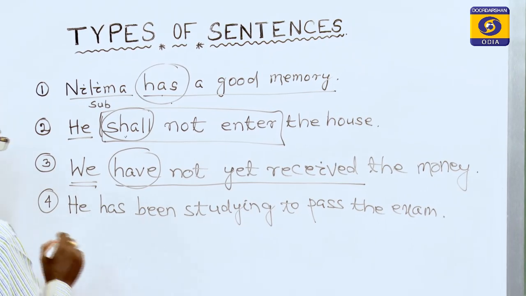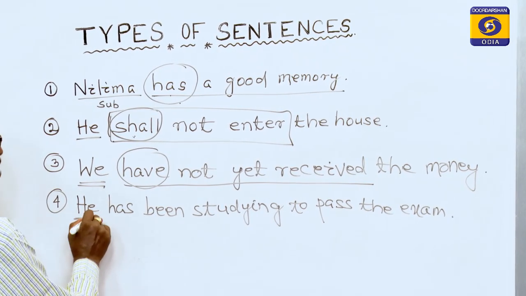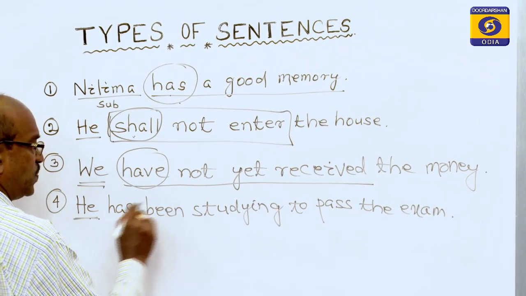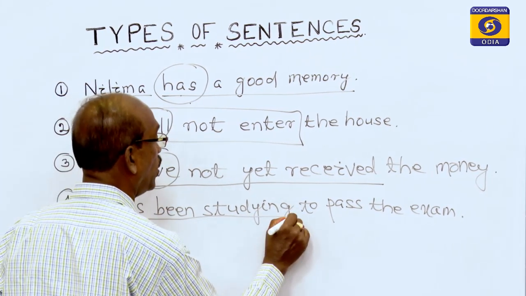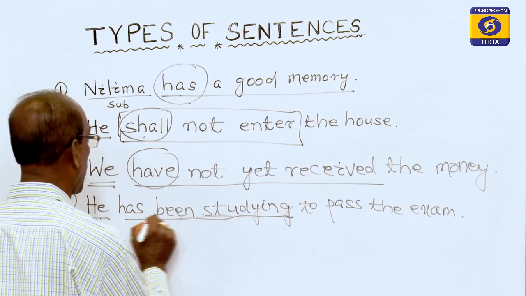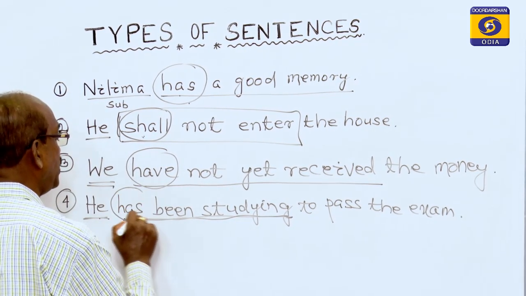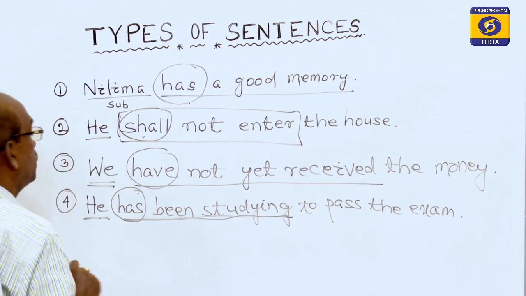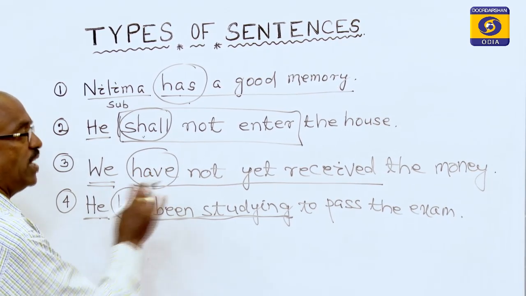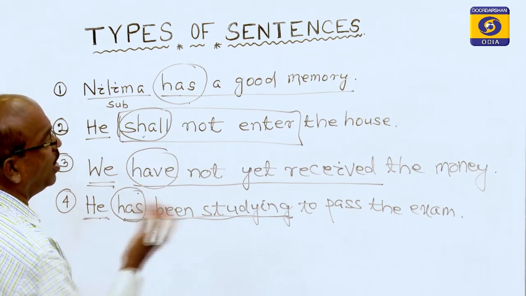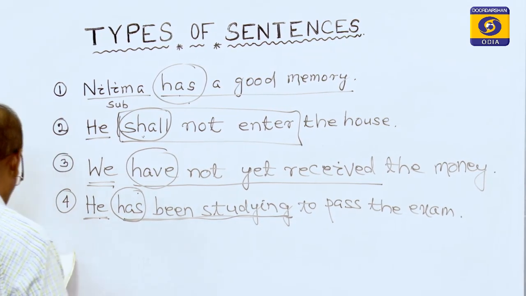Here you see, the same thing. He is the subject, and has been studying to pass the exam is the predicate. Has been studying is the verb or verbal phrase, and has is here the finite verb, because it tells us the sentence is in present tense, and has the past tense form, that is had.